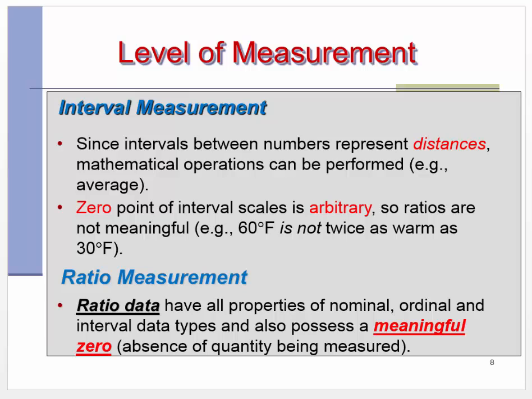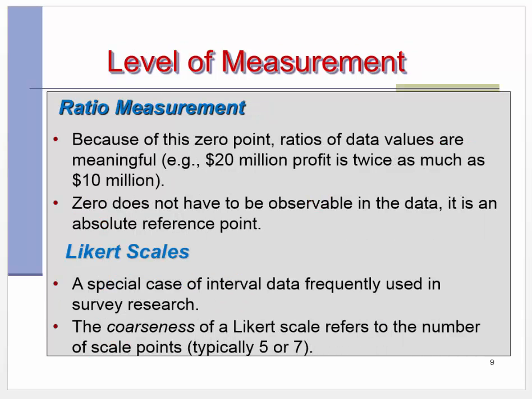One measurement scale that you probably have heard about is the Likert scale, which is a special case of interval data frequently used in survey research. The coarseness of a Likert scale refers to the number of scale points, typically 5 or 7.